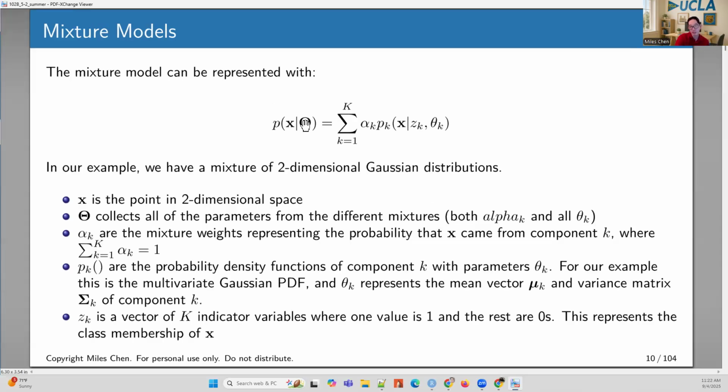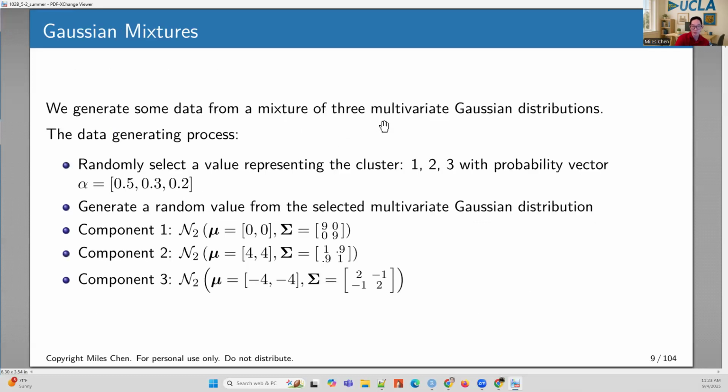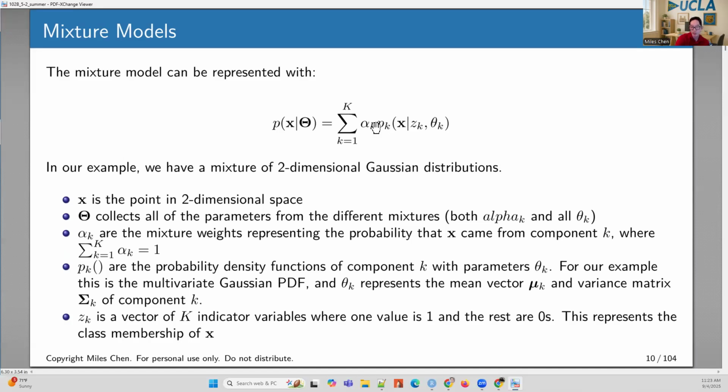Those are all gathered in this capital theta parameter. And this is basically going to be the sum of our different PDFs. So we have the PDF of component 1 multiplied by the mixing proportion, plus the PDF of component 2 multiplied by the mixing proportion, plus the PDF of component 3 multiplied by the mixing proportion.